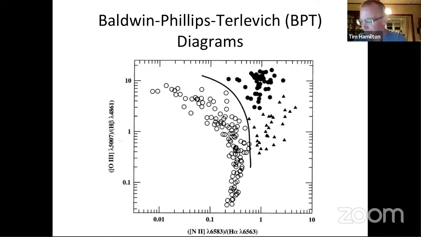To quote from them, it says, "It's not very clear how we can interpret the horizontal axis. It just works in separating them." I think that BPT were all kind of experimenting around until they found something that worked. I will note, though, that there's another version, that middle one that I showed you, where you use O1 and sulfur 2 lines relative to H alpha. In this case, you're looking at the relative importance of the partially ionized zones produced by high energy ionizing radiation.